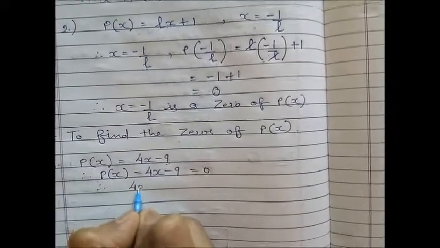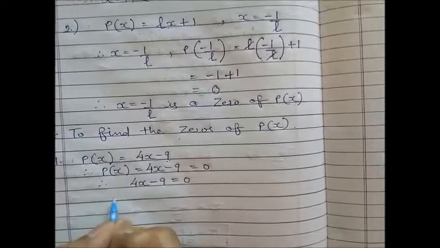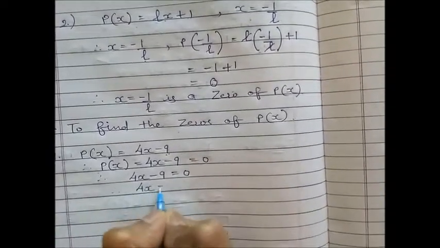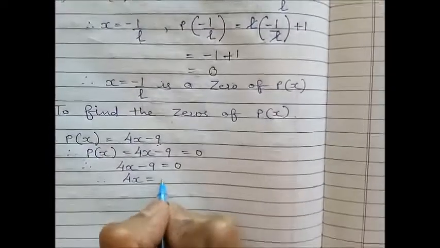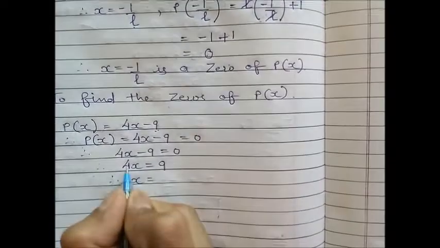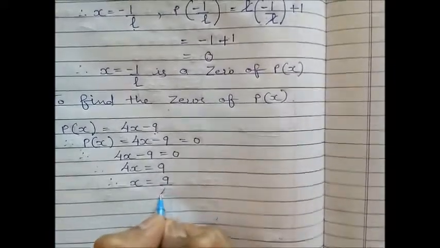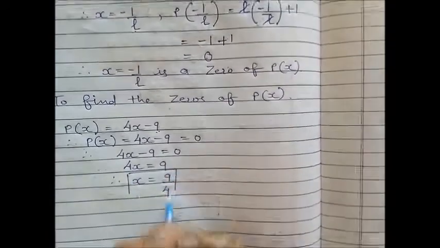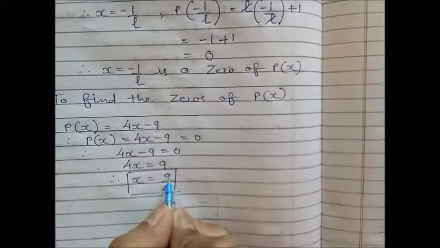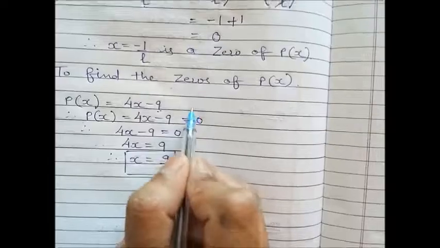Therefore 4x minus 9 equal to 0. Therefore 4x is equal to, minus sign will go on the opposite side, that is plus 9. Therefore x is equal to, 4 will go on the opposite side, that is in division, 9 upon 4. That means for this x is equal to 9 upon 4, we will get p of x 0.